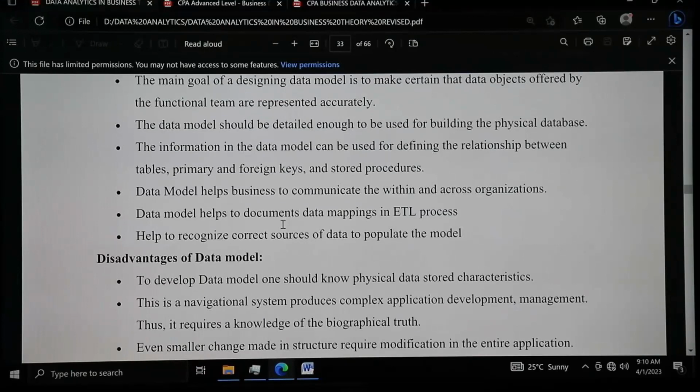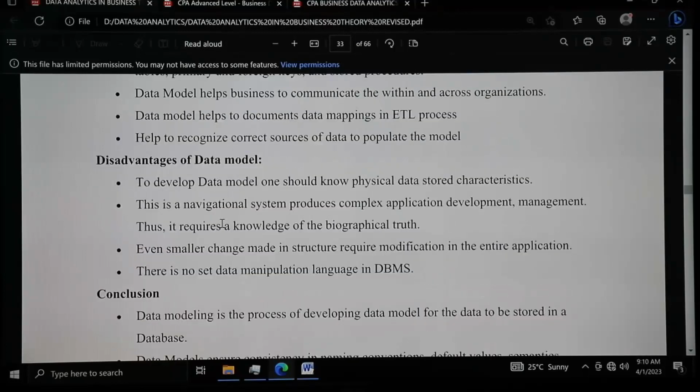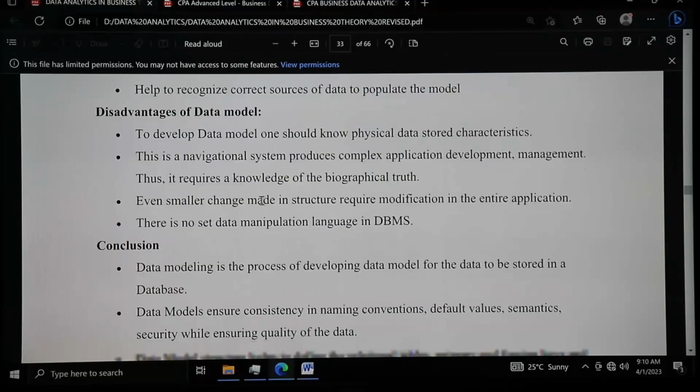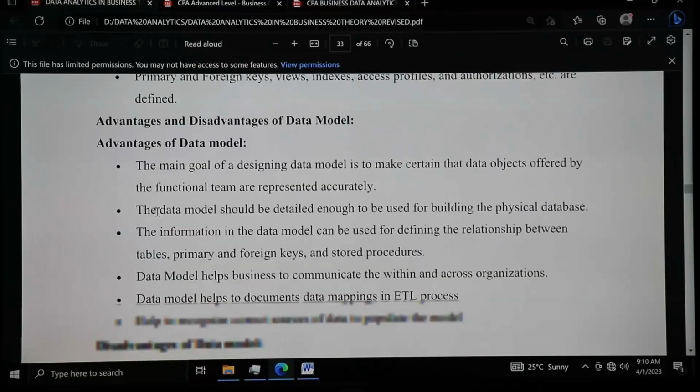Once you create the model, you will not have errors during database development. Because of this, you have a clear connection between entities. You'll be able to identify that there is a connection between one entity and another through a specific field or attribute. So it is important to create these models.